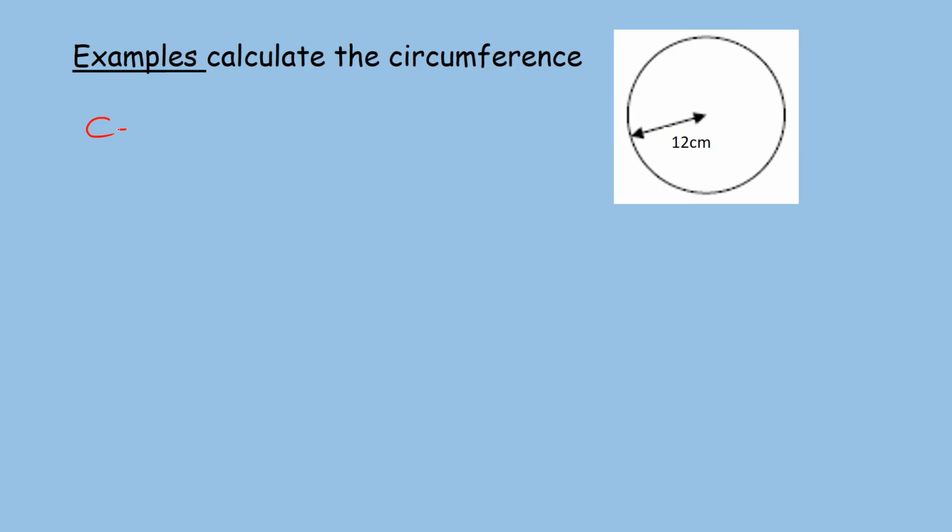So going to start off exactly the same. We're going to say circumference equals pi multiplied by my diameter. So my diameter is 2 times my radius, so 2 times 12. So I'm going to put that into my calculator.